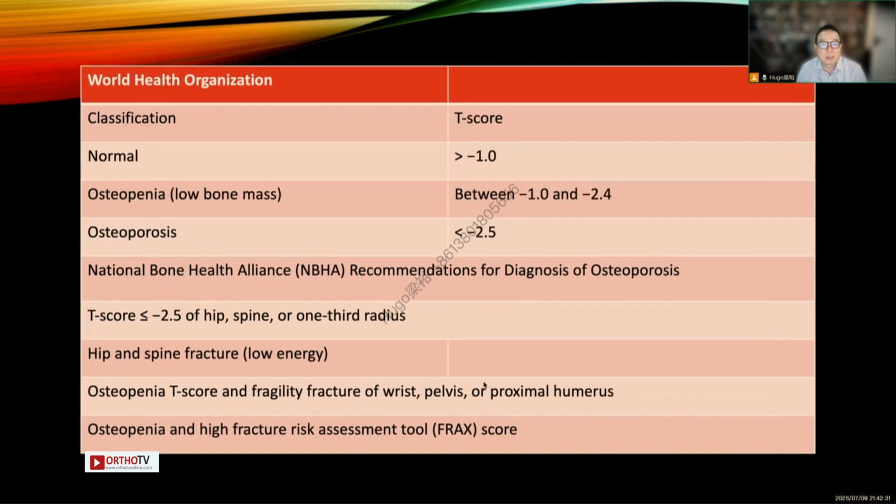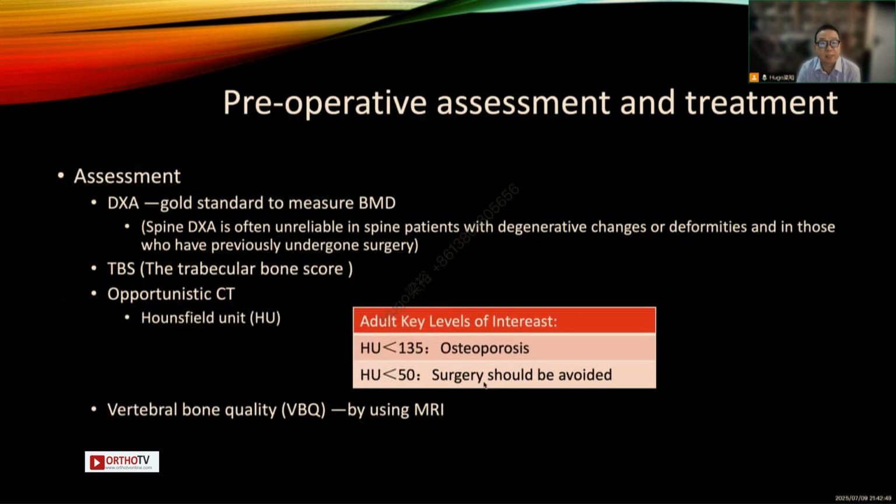There is a classification of osteoporosis based on the WHO standards: normal, osteopenia, osteoporosis, and severe osteoporosis, mainly based on the DEXA measurement.